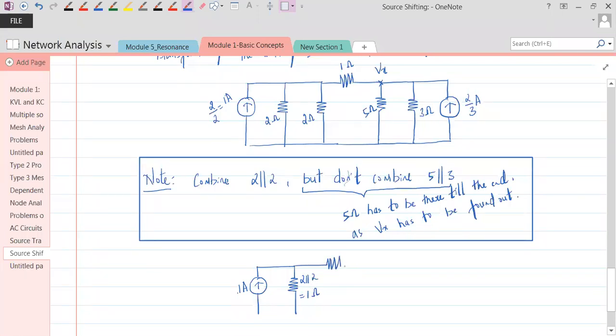Then you have 1 ohm here, 5 ohms, 3 ohms, and this. Is this okay with you, everybody? Now this is 1 ohm, 5 ohms, 3 ohms, and 2 by 3 amps. Okay, so Vx is here. We are finding out Vx.